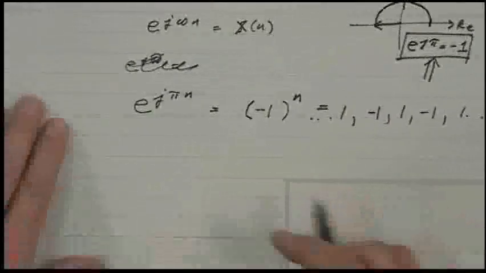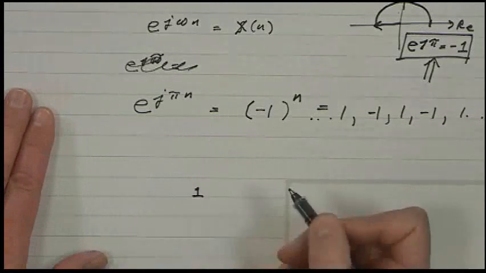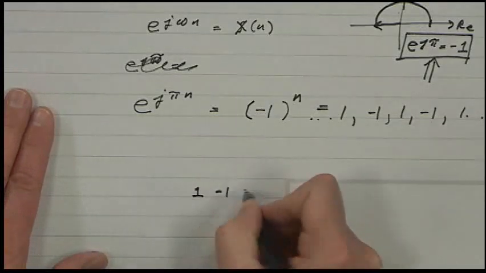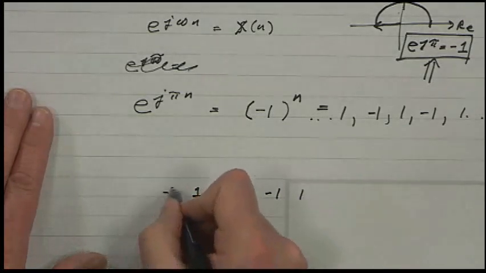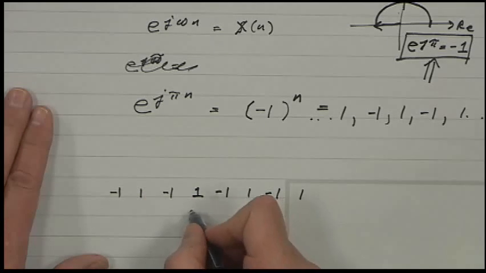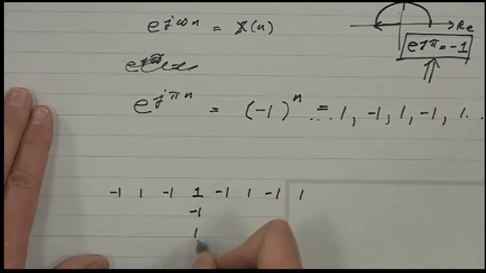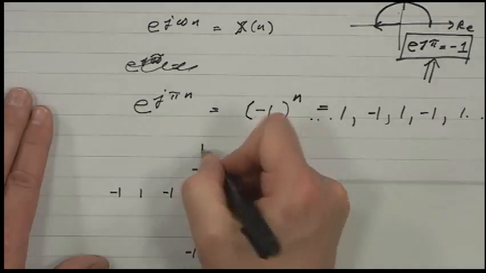In 2D, what's the most rapidly you can change your mind? Well, you have 1 in the center, and you go -1, 1, -1, 1, right? You go -1, 1, -1, right? Now, in the other direction, you go -1, 1, -1, 1, right?